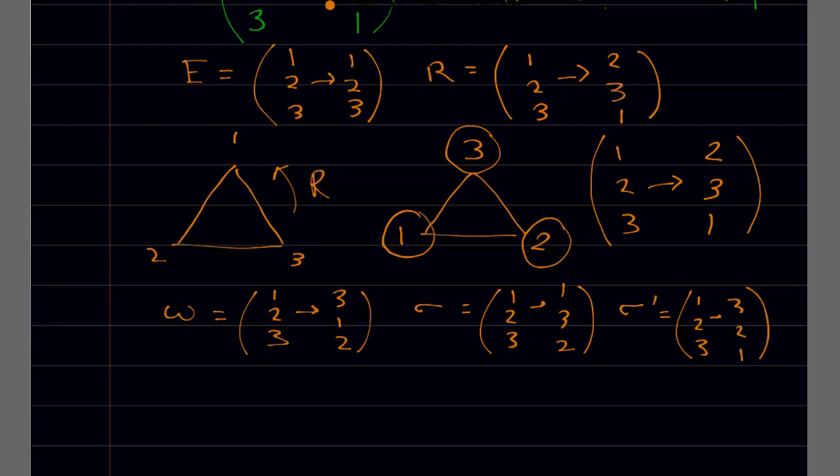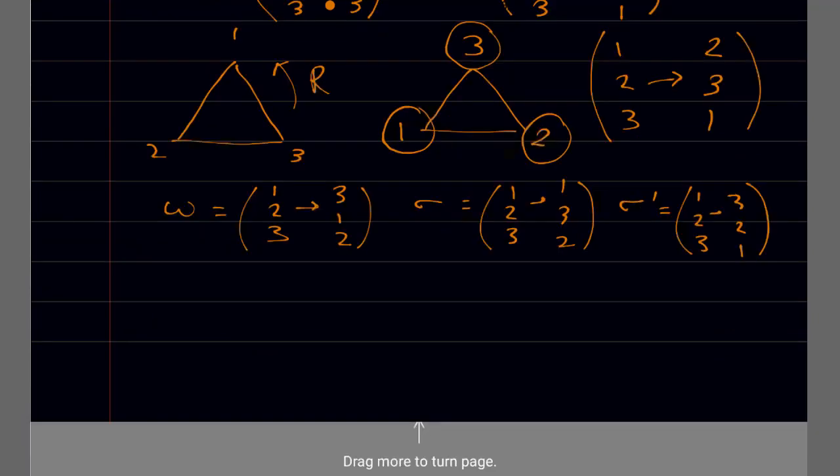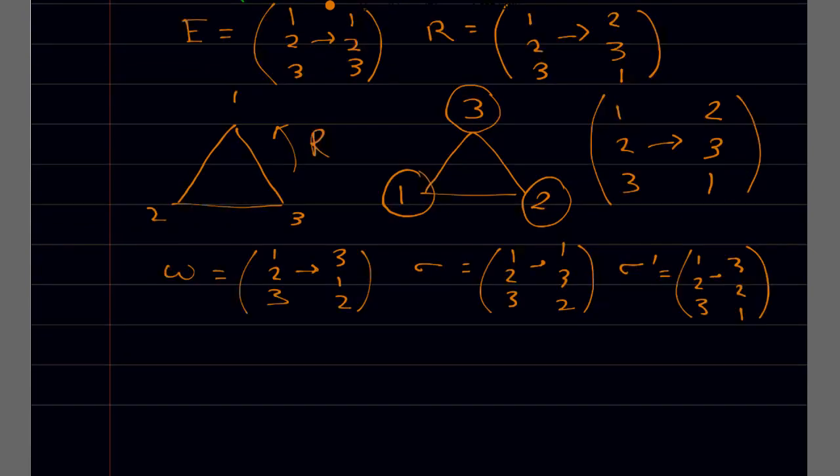And lastly we have sigma double prime that takes 1, 2, 3 to 2, 1, 3. So we know how these operators act on 1, 2, 3, which can also be imagined as the names of the vertices of an equilateral triangle, and we know the result.